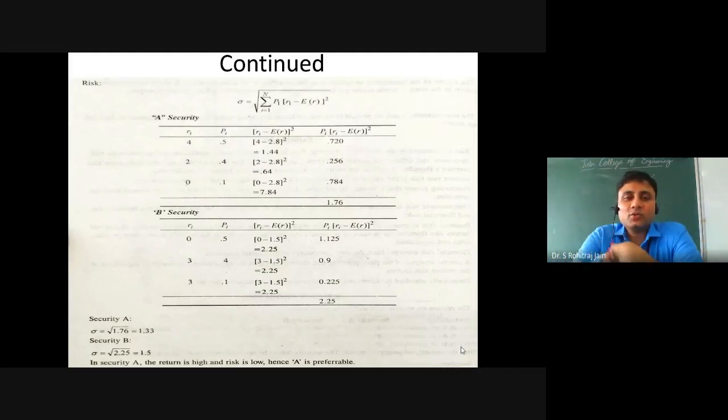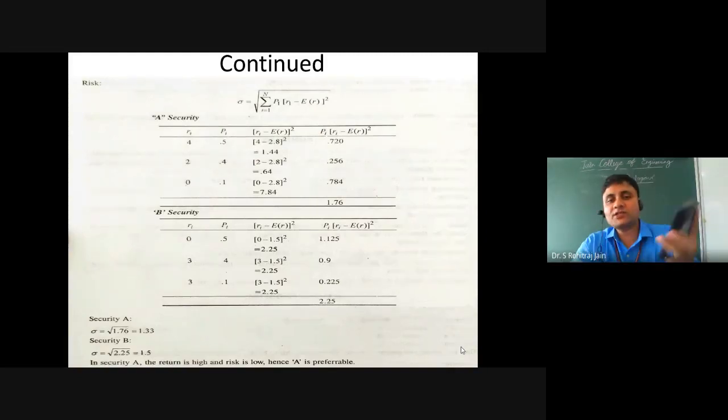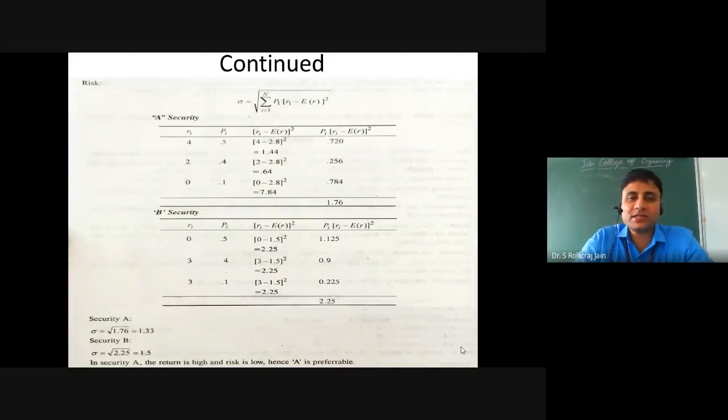Similarly, 2 minus 2.8 squared, how much do I get? Please use brackets if you are using a scientific calculator. First open the bracket, write 2 minus 2.8, close the bracket and whole square. There is an X square symbol over there, right? The whole square is equal to 0.64.